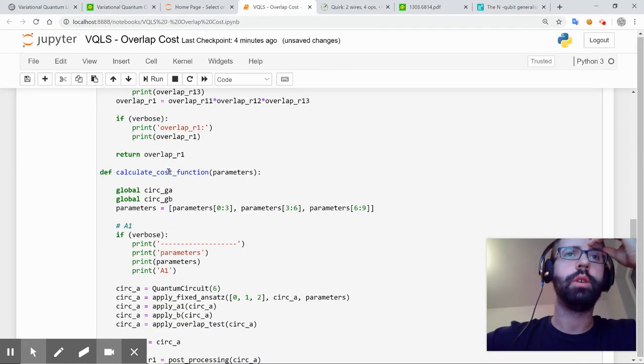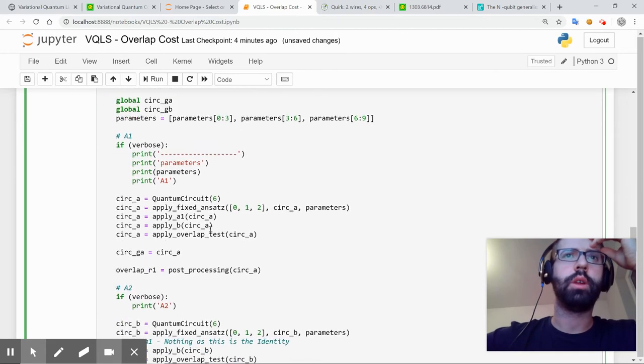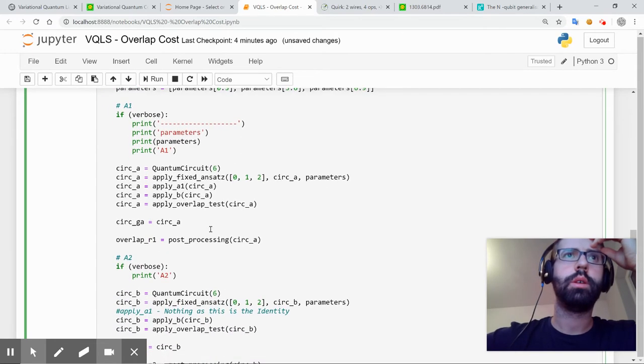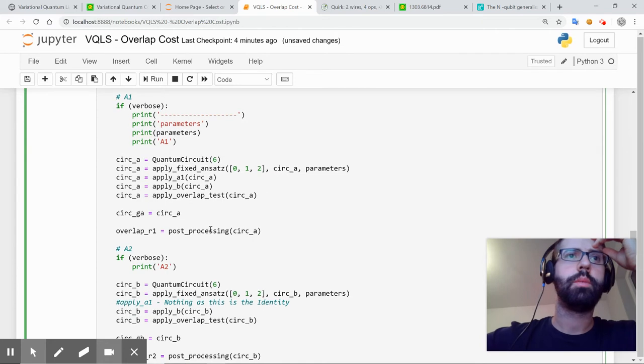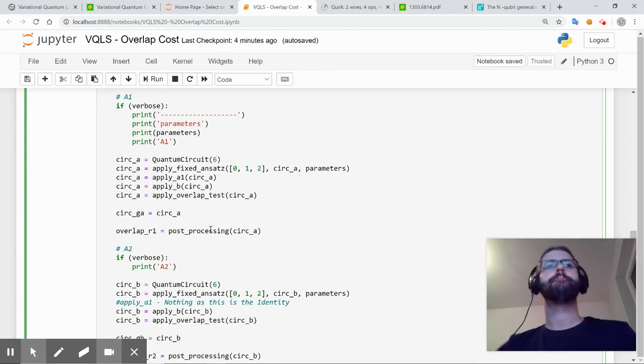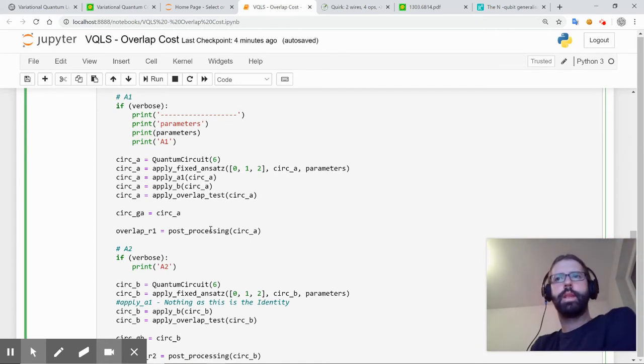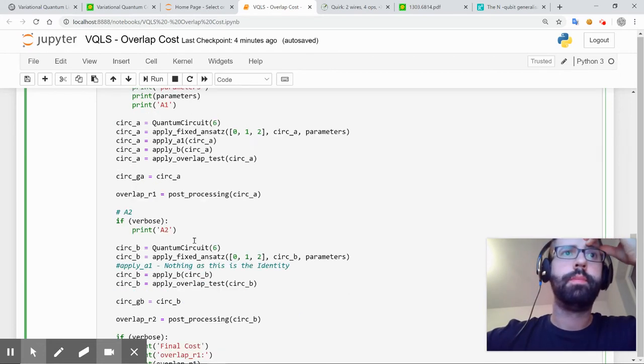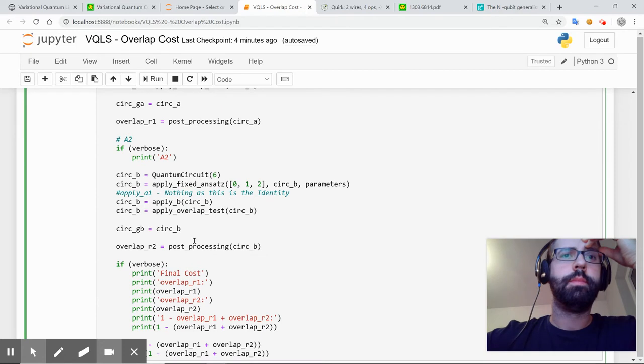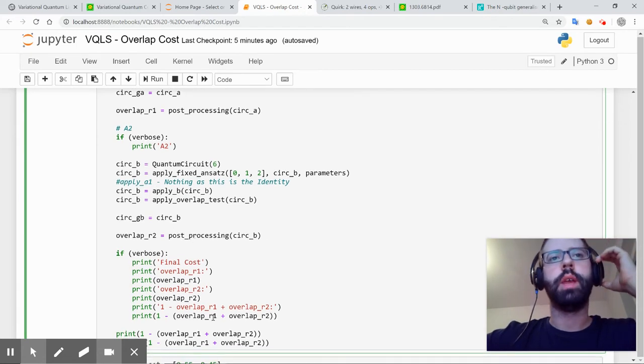Okay, so calculate cost function. So here we apply the circuit. Okay, that's the problem. I cannot add the overlaps.